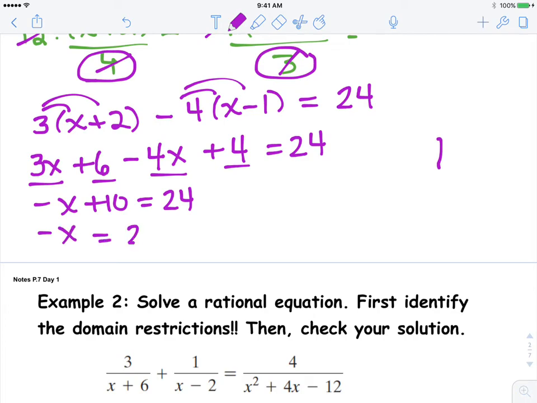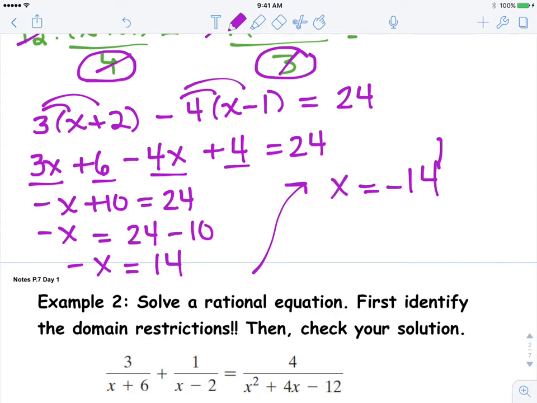Subtract 10 from both sides. You get negative x equals 14. Divide both sides by negative 1, giving you x equals negative 14.